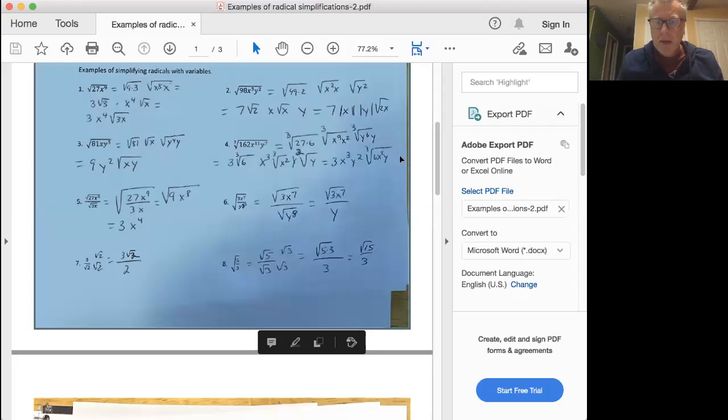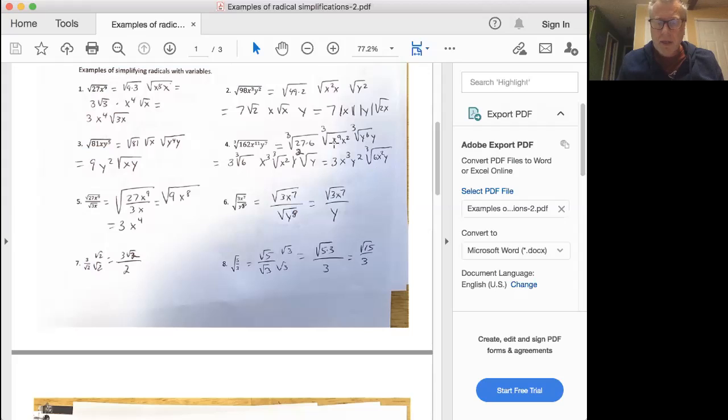Okay. Now let's take a look at the x. I have an x to the 9th times an x squared. Now where did I get that from? Well, when it's an odd root, an odd index, we take the biggest number that that index can divide with. So in this case, it's 11. So the biggest number in 11 that 3 will divide with is 9.